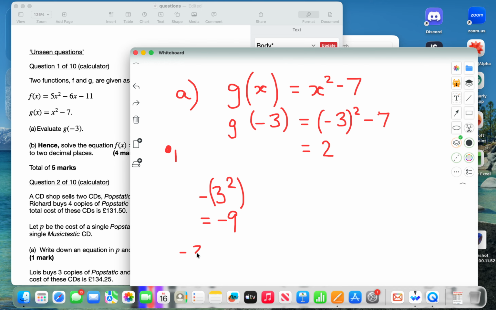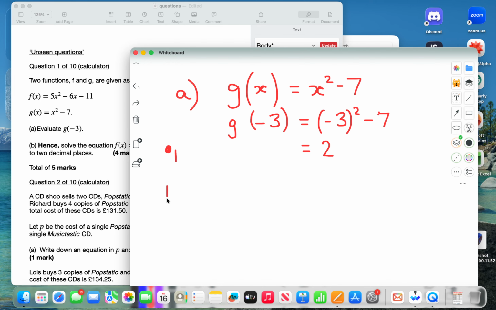So −3 squared is not equal to (−3) squared. It's a common thing that many pupils get wrong, but I've shown you this so you don't make the same mistake in an exam. I'll take this away because that's an add-on. So this is the first part.